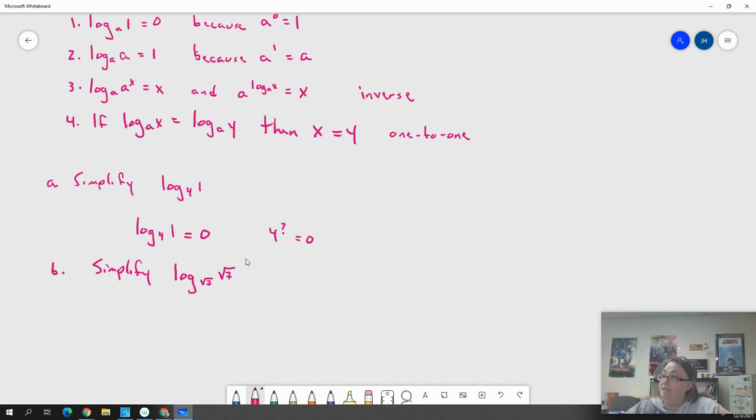This is log base A of A. It's just my A happens to be radical 7. What does log base A of A equal? 1. Why? Because radical 7 raised to the power of 1 equals radical 7. Does that make sense?